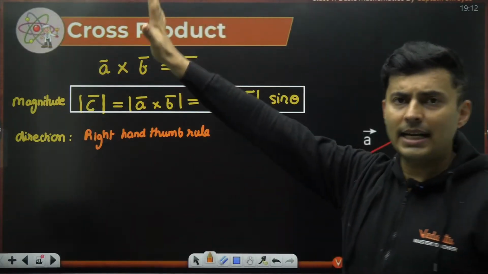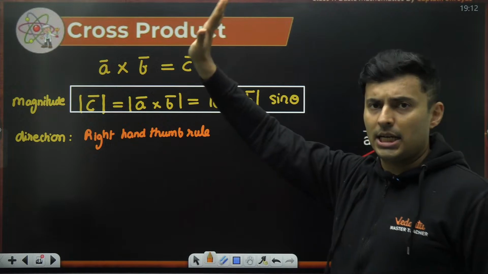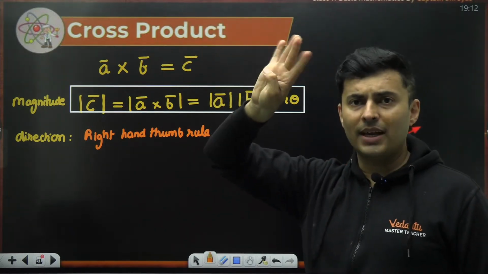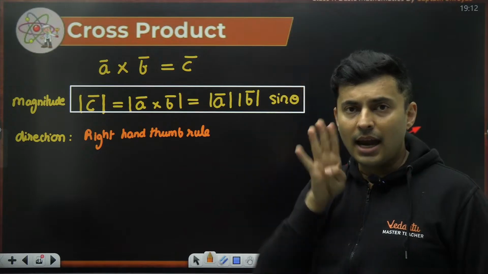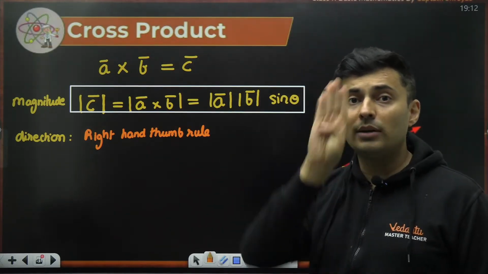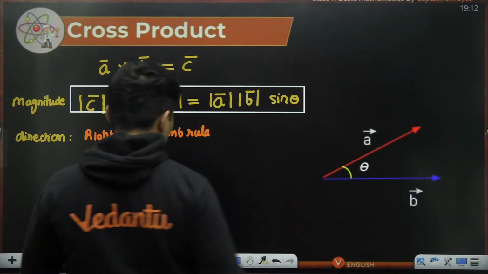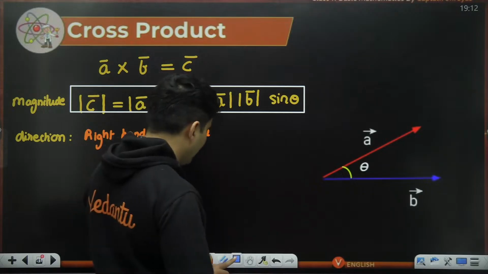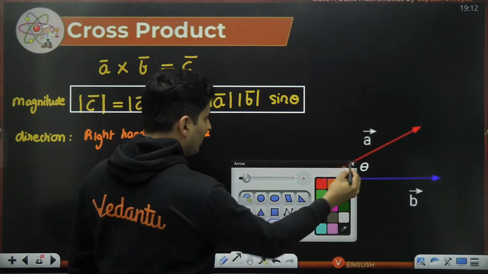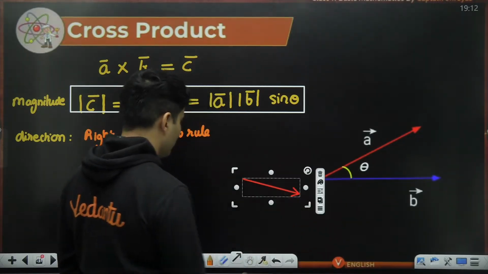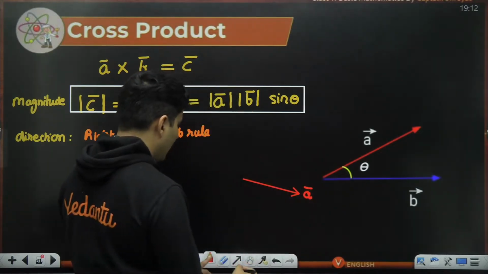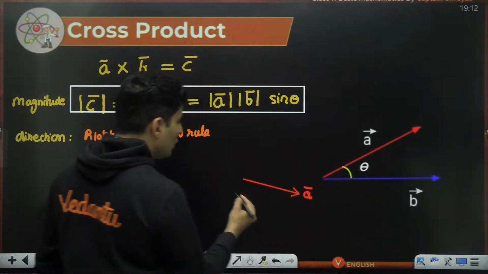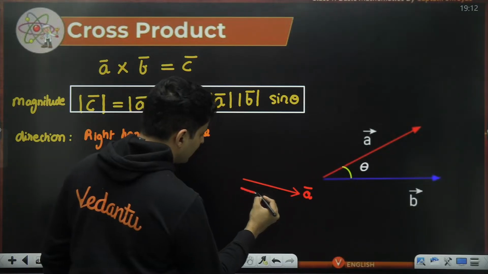Take your right hand. Take the four fingers except the thumb, and let them point to the first vector. So let's say my first vector is A, it is over here. Okay, this is my first vector, which is A. And the fingers of my right hand should point exactly in that direction.